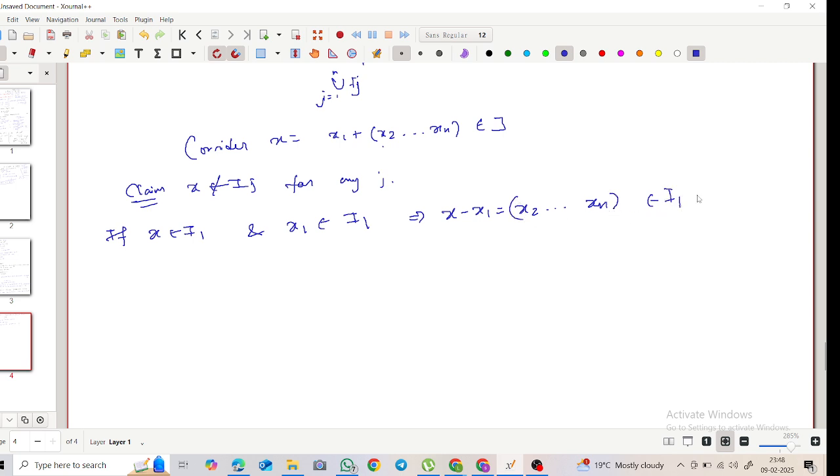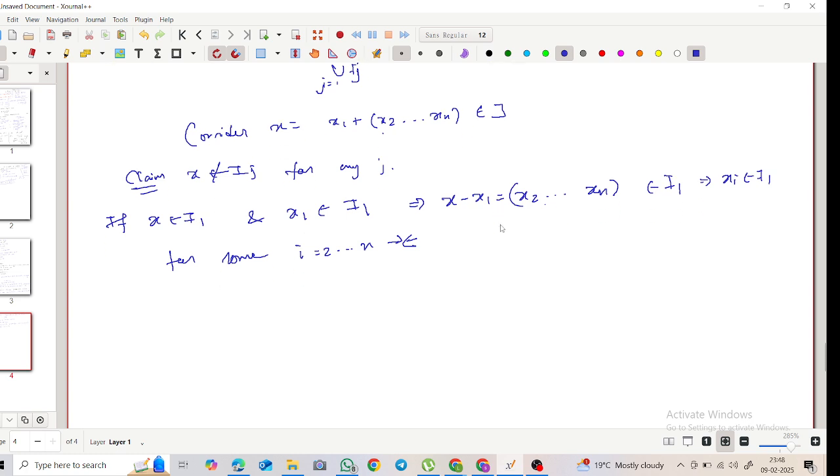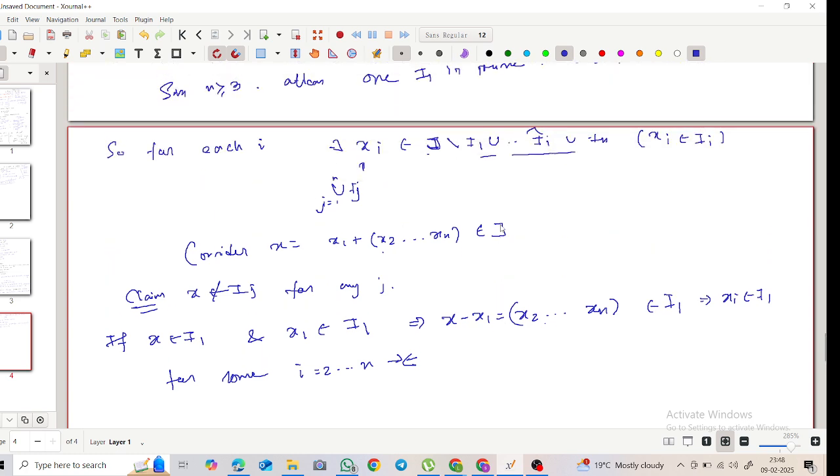But I1 is prime, so at least some of the elements from x2 to xn has to be in I1, which is not the case. It implies xi belongs to I1 for some i, which is a contradiction, because none of the xi's are in I1. If you look at it, xi skips all the union and it is contained only in the ith term.